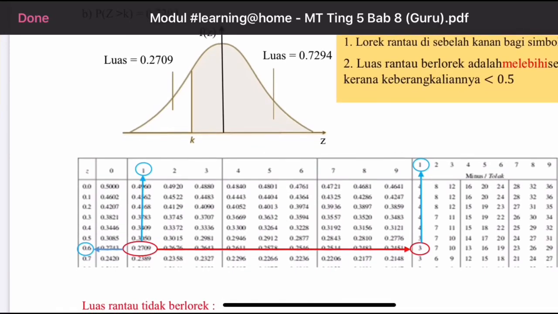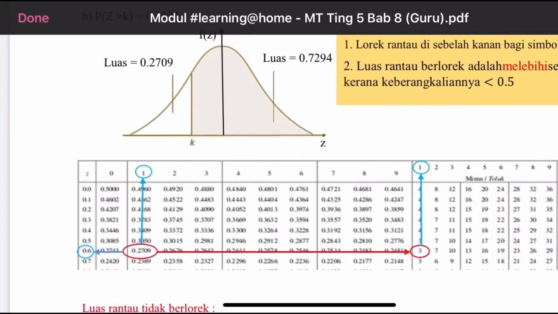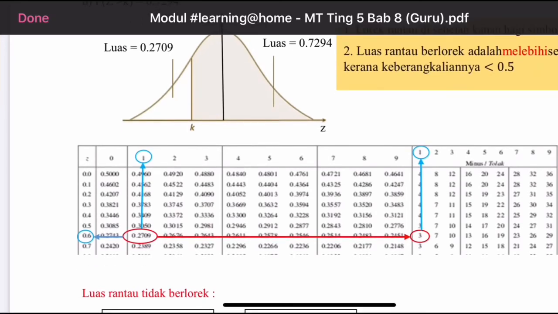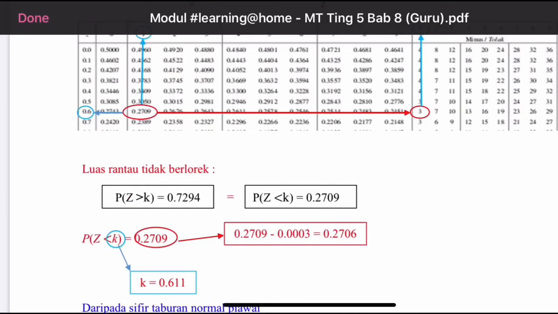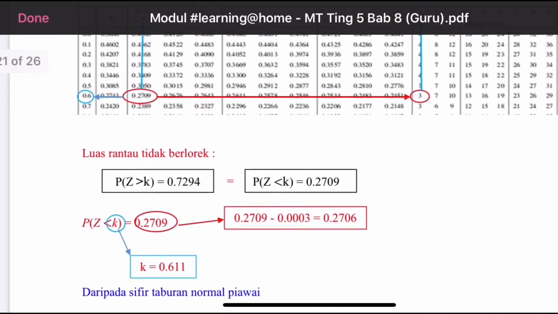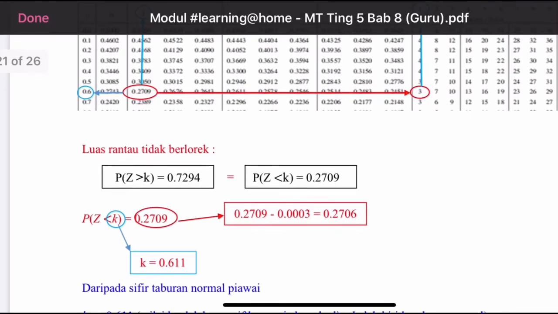So you always follow the steps. Example here, we have the area, which is 0.7294 and 0.2709, the area. Now we want to find the area that is close to, we can only find less than 0.5 from the Buku Sifir.